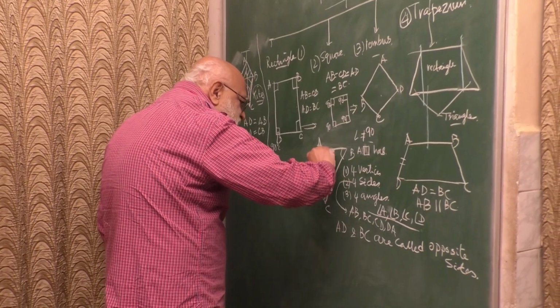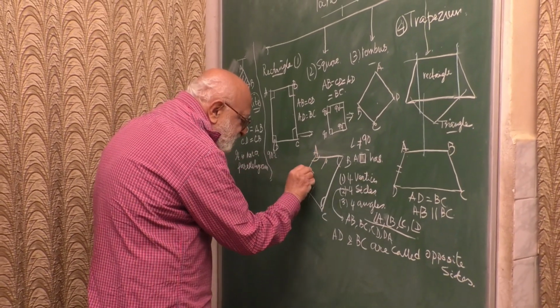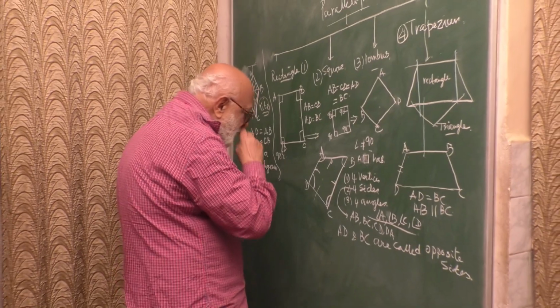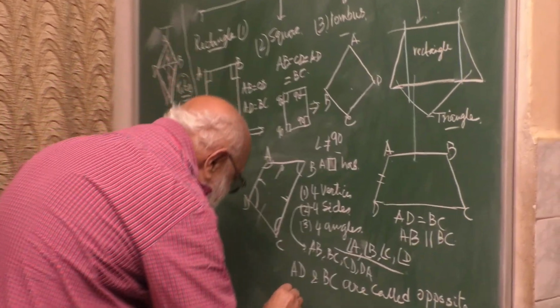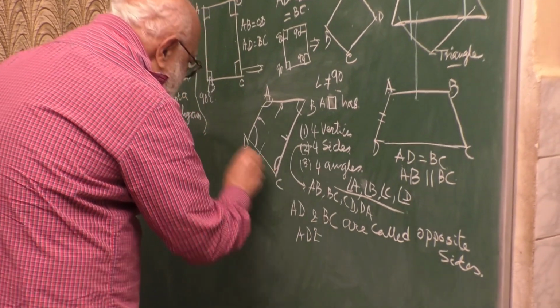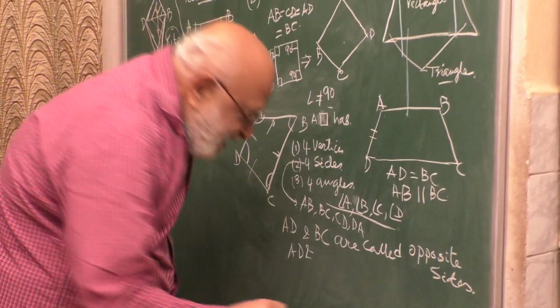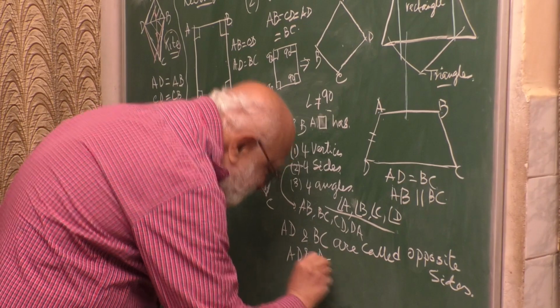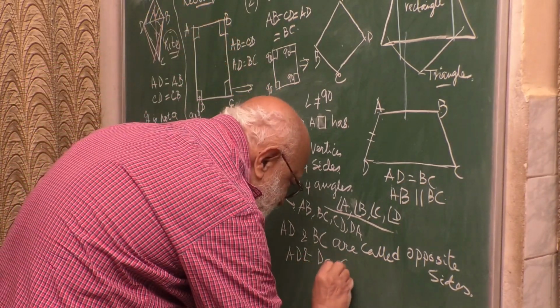This is opposite to this one and this is opposite to this one. AD and DC are adjacent sides.